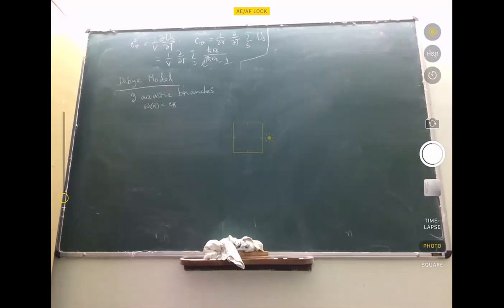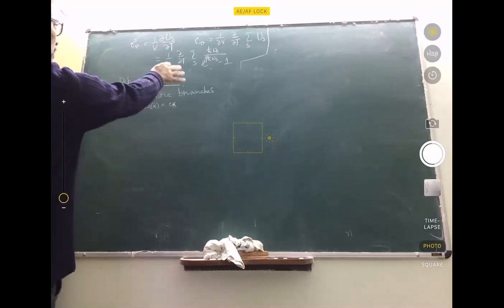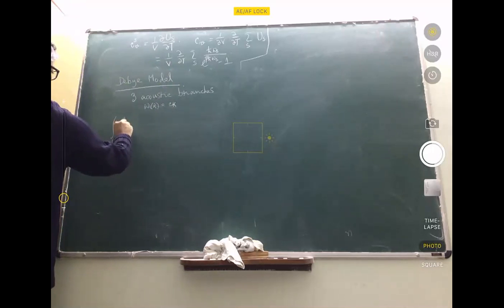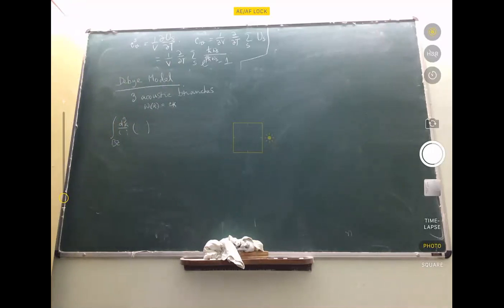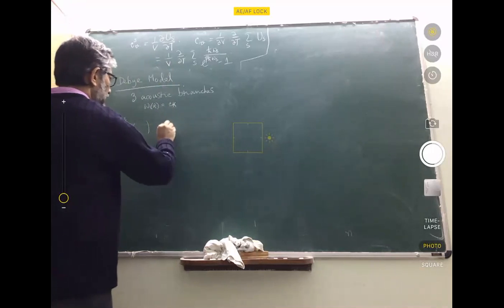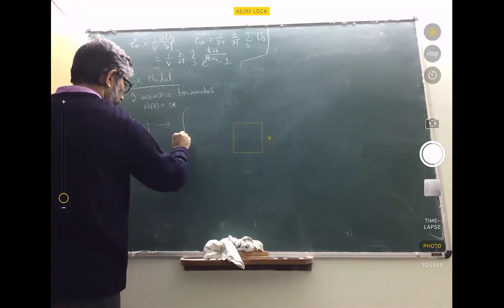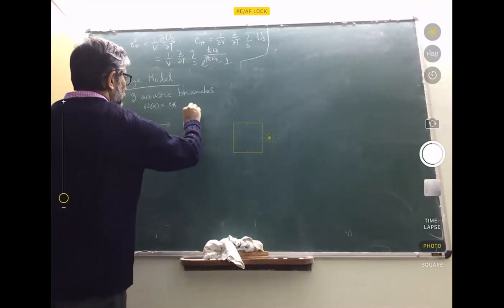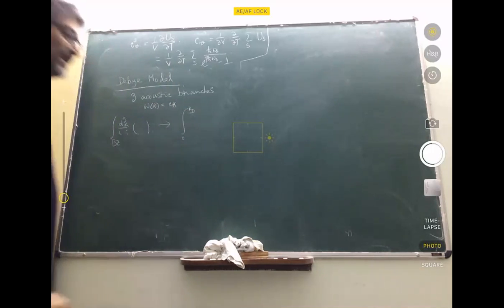What you do is, instead of integrating over the Brillouin zone, we started out with an integral over the Brillouin zone, and this integral is now replaced by an integral over a sphere of radius kD.